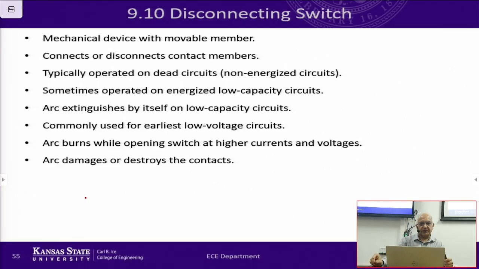Typically it is not used for even normal loads; you cannot break them. It is more or less for dead circuits. Many times you want to disconnect a part of the circuit for maintenance purposes, so you de-energize the circuit and then you disconnect. But it does not have any other capacity.